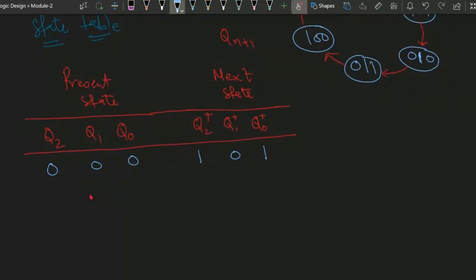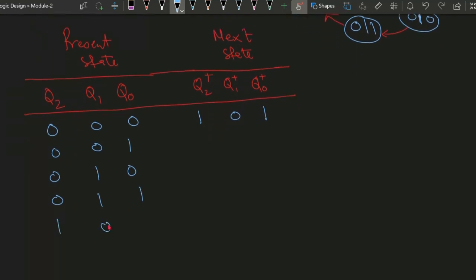So it is 0 0 0, 0 0 1, 0 1 0, 0 1 1, 1 0 0, then 1 0 1.